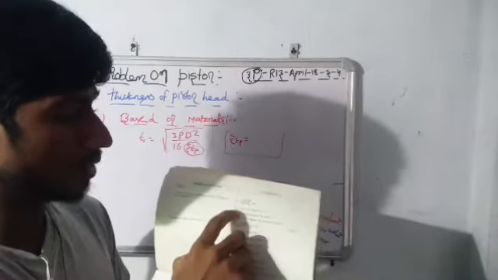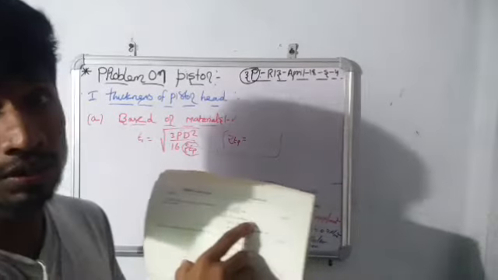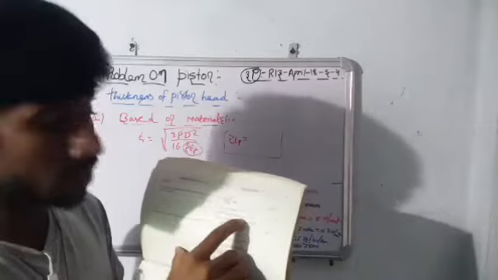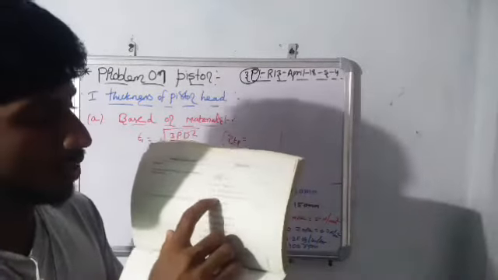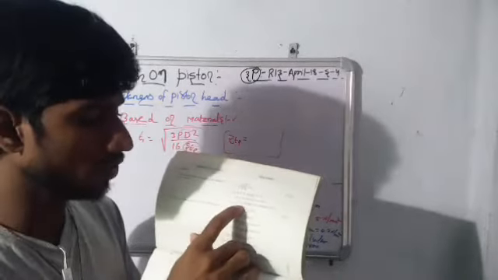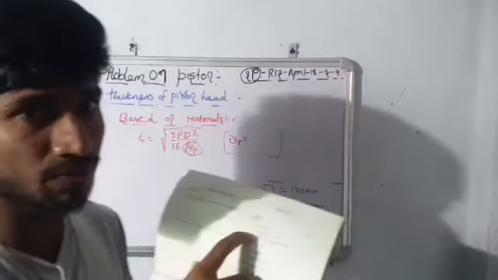See this one: STP equals 35 to 40 Newton per mm square for cast iron, for cast steel 60 to 100 Newton per mm square, and for aluminum alloy 50 to 90 Newton per mm square. These are the values for different types of materials.